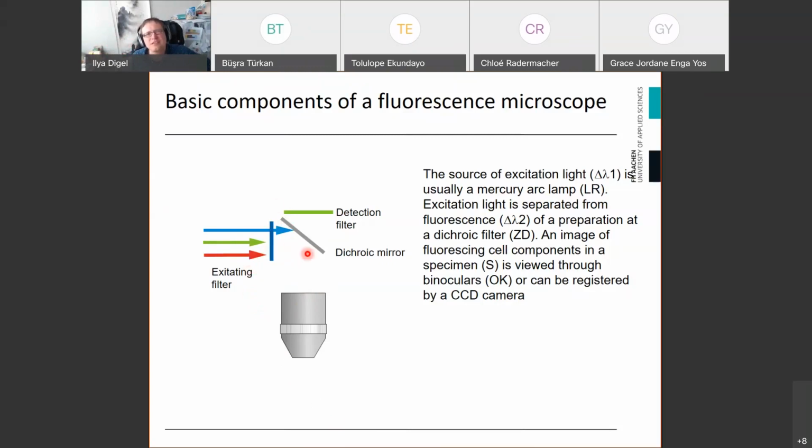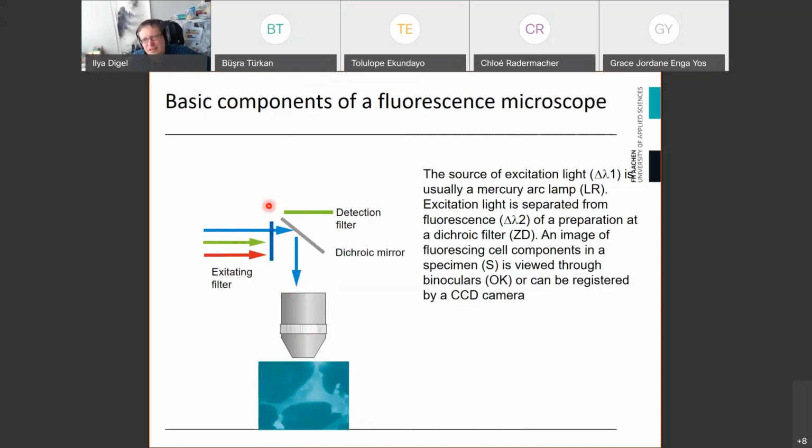So here you try to be very specific. If you use just a laser beam here and it can only emit blue, then you are lucky, then you don't need this filter here. You simply let this laser beam through.